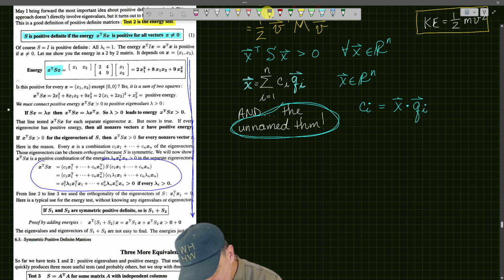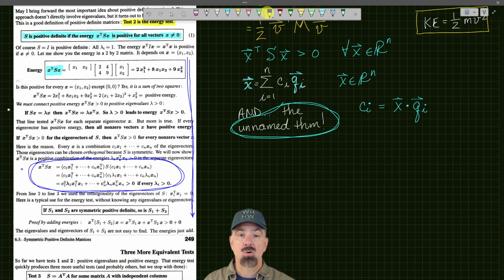This is the conversation. And the reason that this works out so cleanly is because when we take the representation of a vector and we do X transpose times S times X, we end up canceling out all of the Qi's and Qj's that are orthogonal to one another.